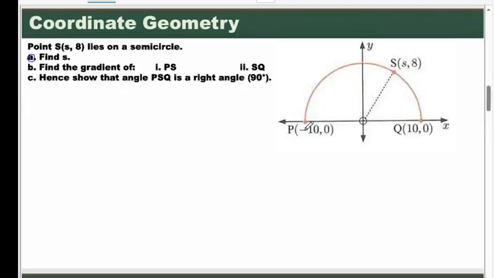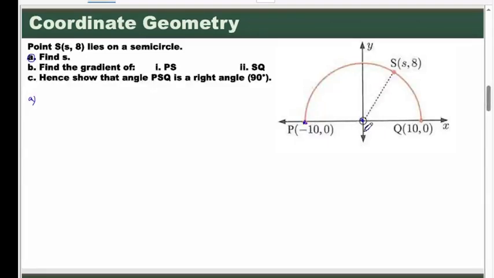We know here the distance. For part A, I try to use the distance formula. So for part A, I will write P, this distance, PO.